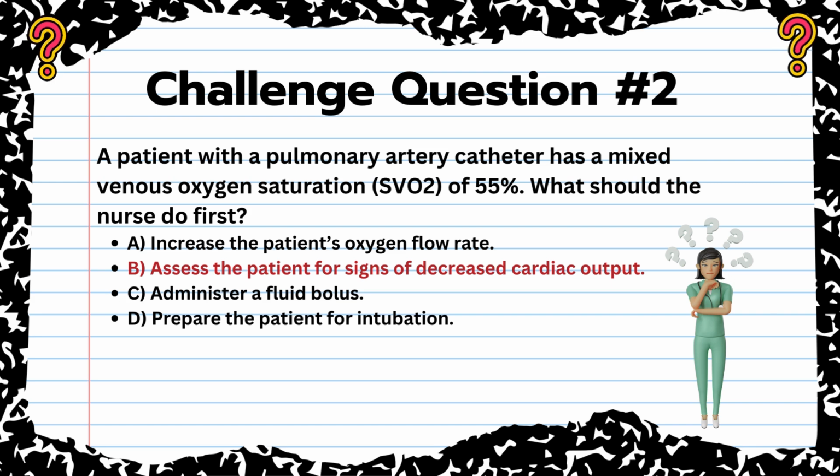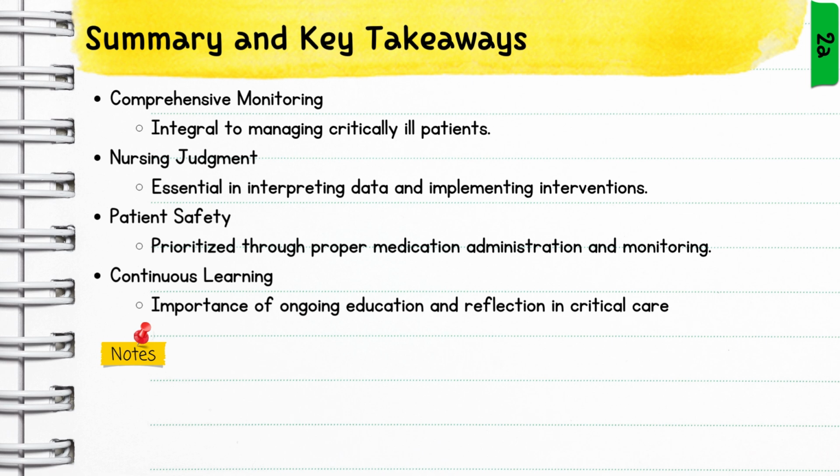Okay. So the tip for this is, you remember, and I know you guys know this, to always prioritize assessment before intervention unless you need to do an immediate life-saving intervention. Especially when the data suggests that there's an underlying hemodynamic problem. Okay, so in summary, what we talked about today is hemodynamic monitoring.